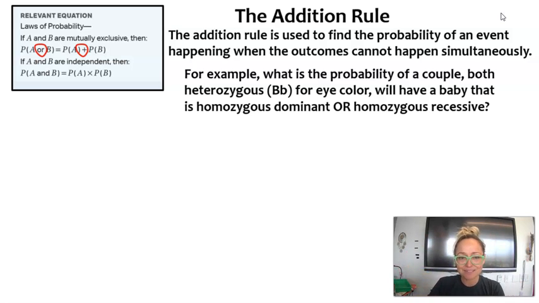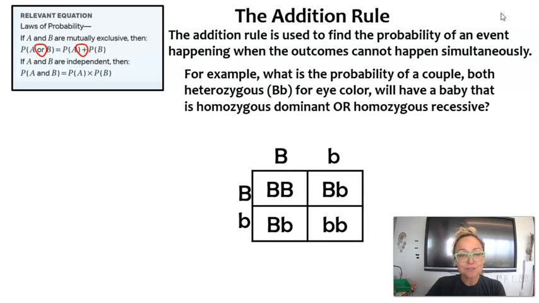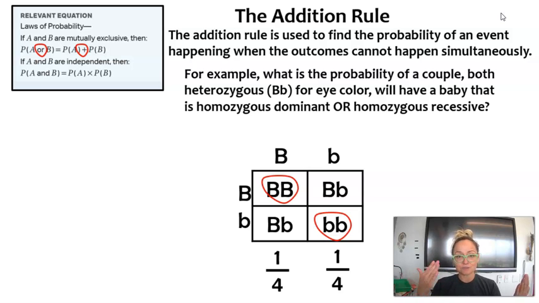I think this makes the most sense if we actually just do it. Here we have our Punnett square filled in for us. The probability of having an offspring that's homozygous dominant is 1/4, right? And the probability of this couple having an offspring that is homozygous recessive is 1/4. So the question becomes, what is the probability of them having an offspring that is homozygous dominant or homozygous recessive?